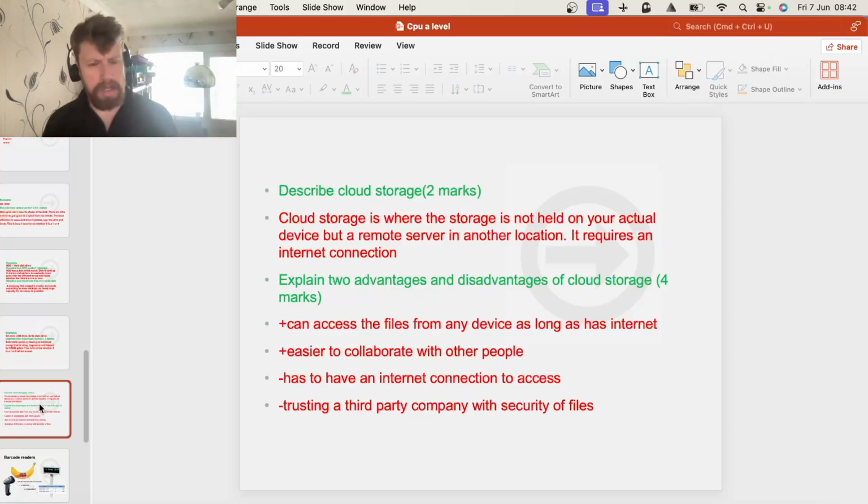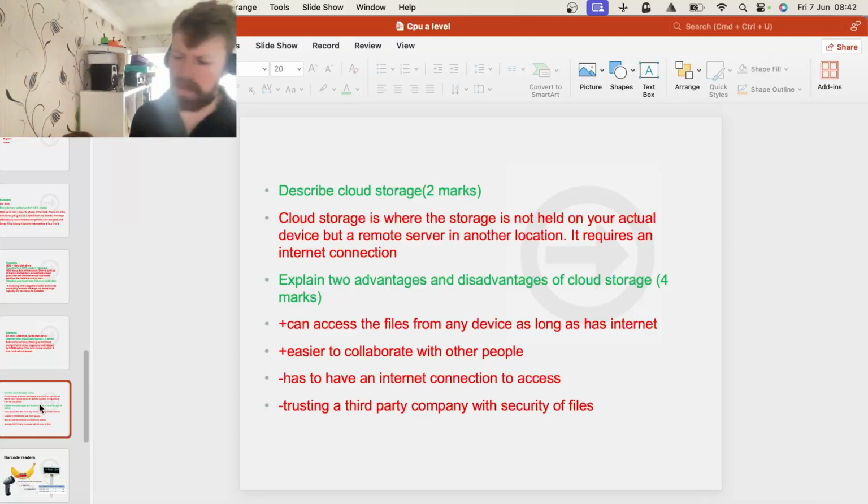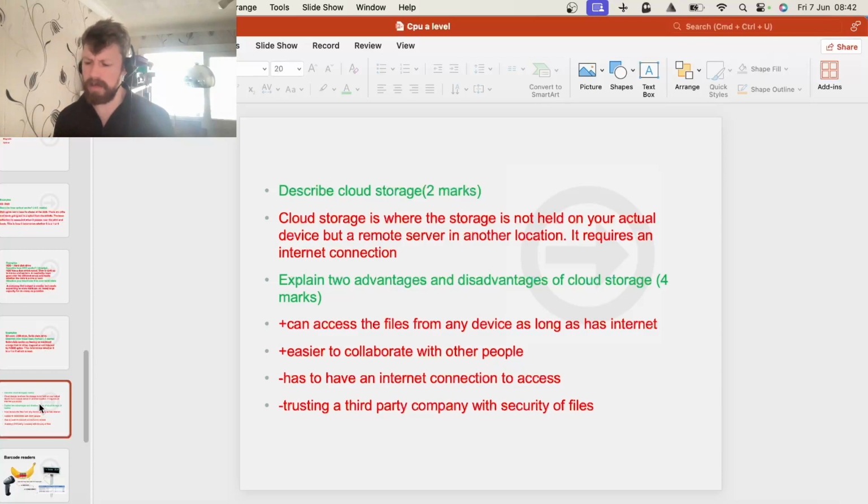Just in case you get a question about cloud storage. Weirdly, I think on OCR, maybe on AQA as well, they called cloud storage virtual storage for a while. I don't know whether they've changed that now. I think they may have changed it because of the confusion between virtual memory and virtual storage, which sound kind of the same.